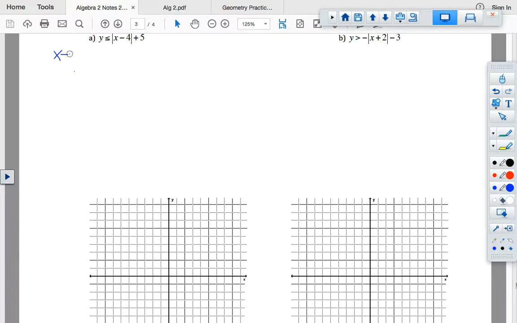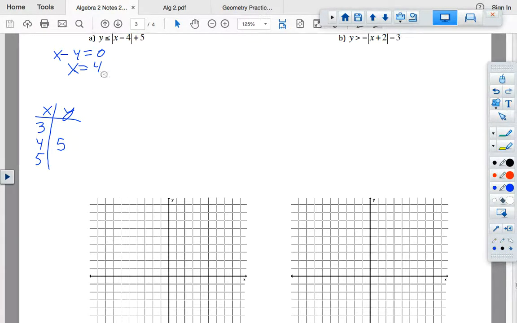So x minus 4 equals 0, x equals 4. Make my xy table. 4. What's my y value for my vertex? 5. Okay, I need a value smaller and a value larger. 3 and 5.